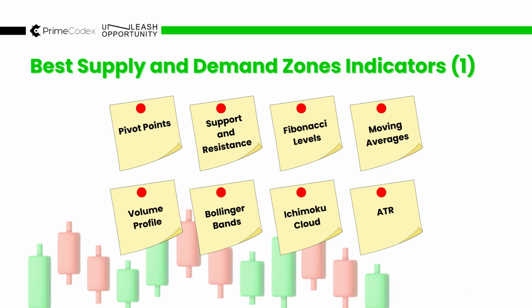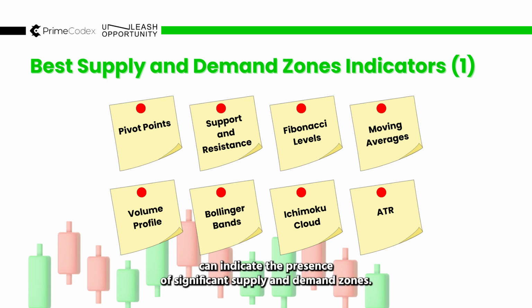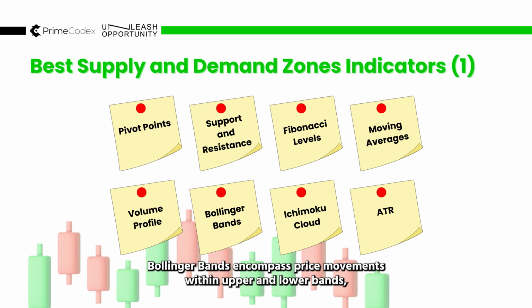5. Volume profile. Volume profile analysis offers insights into the concentration of trading activity at various price levels. Peaks in volume at specific prices can indicate the presence of significant supply and demand zones. 6. Bollinger Bands. Bollinger Bands encompass price movements within the upper and lower bands, aiding in identifying potential overbought and oversold conditions.